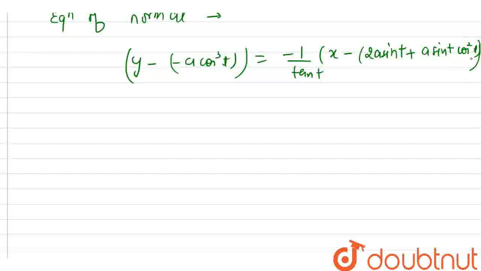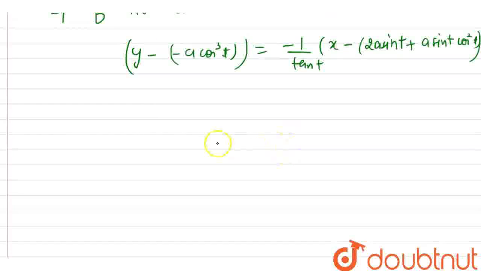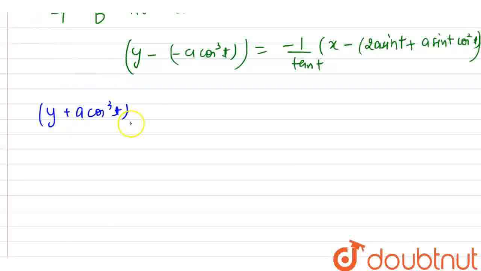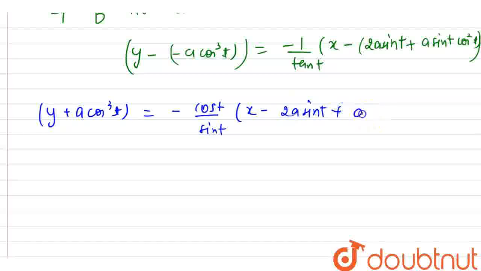Now moving further, I can say that by solving this, it will be equals to y plus a cos cube t, and here it will equals to minus of 1 over sin t over cos t. So I can write this thing as cos t over sin t. And it is x minus 2a sin t plus a sin t cos square t.